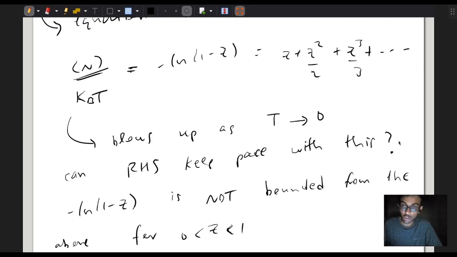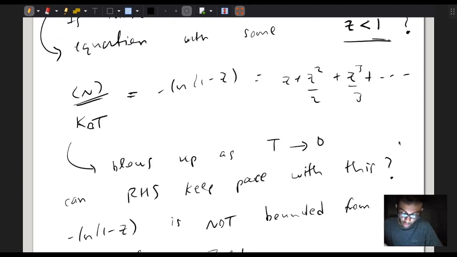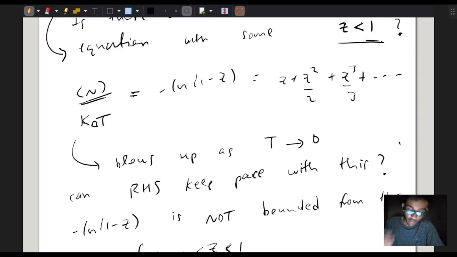This can also be seen because if you just put z equal to 1 here, you get 1 plus 1/2 plus 1/3 and so on. This sum does not converge to a finite value.